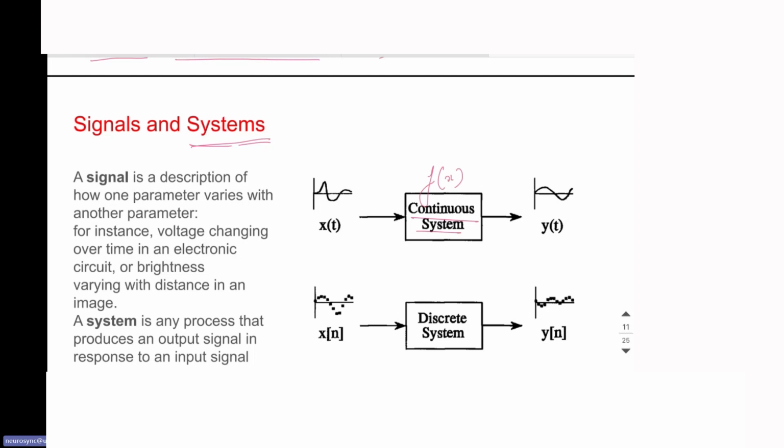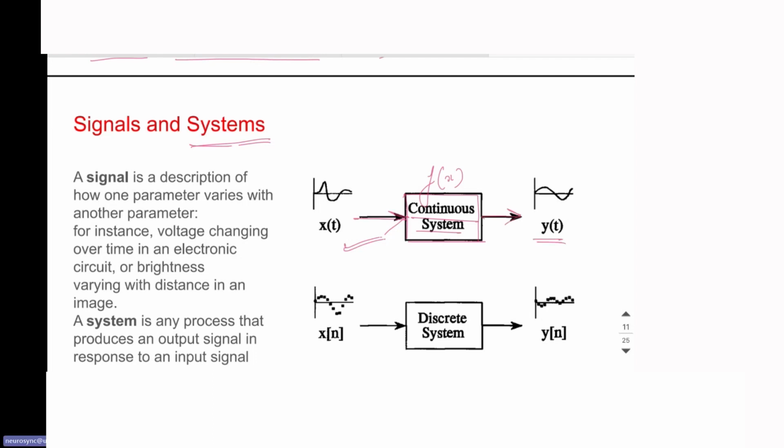With some variable we can define the system, but in general form we represent the signal and system like this. We have some input to the system, and after passing this input through the system, we get some output y of t.